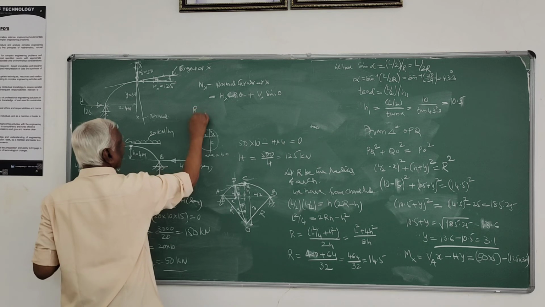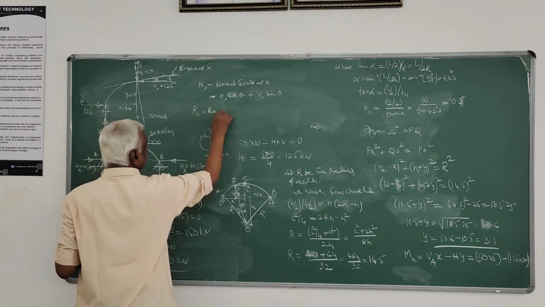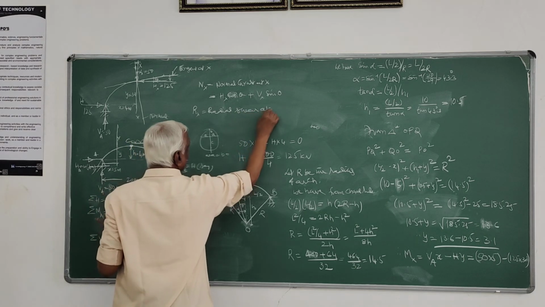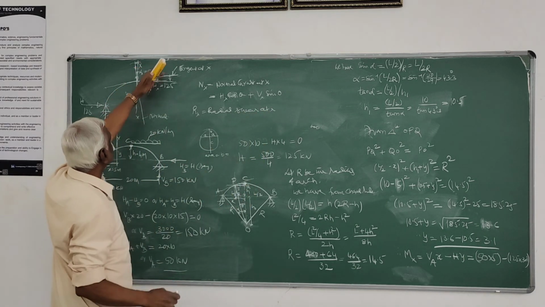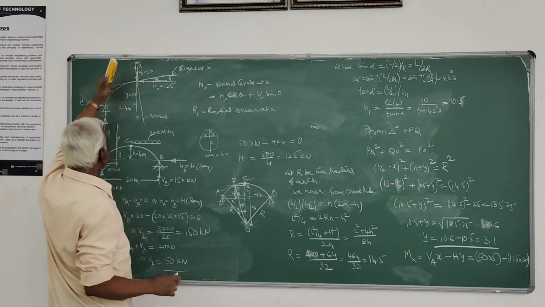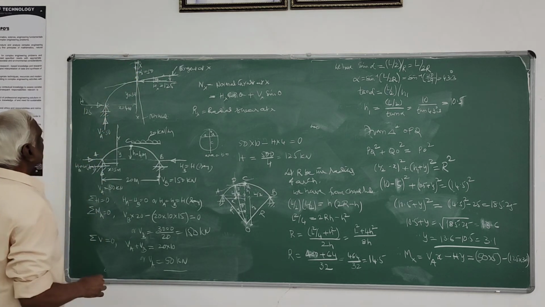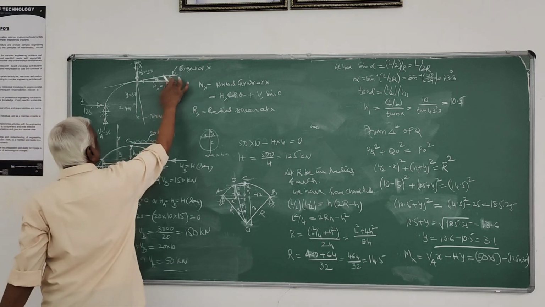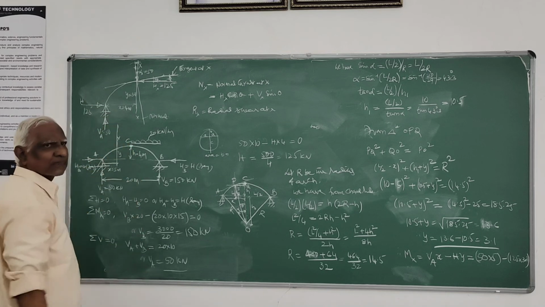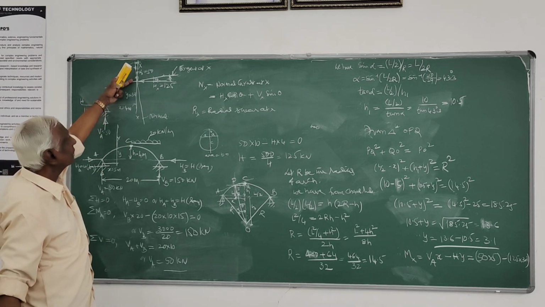Then Rx, that is the radial shear at x, is this component. This is down and that is also down, so one has to be up.